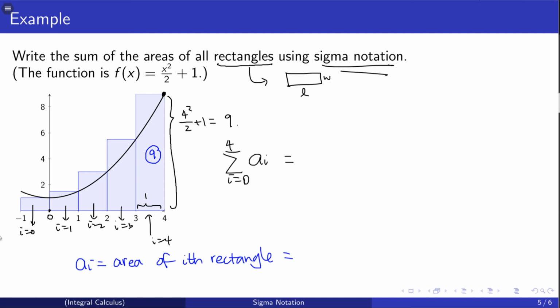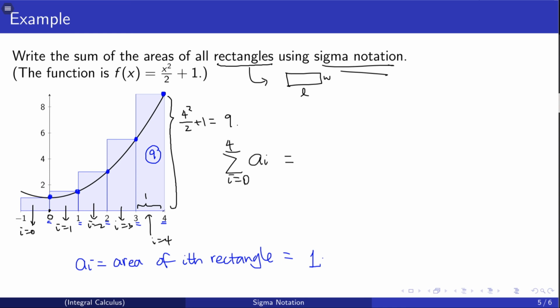Each of these rectangles has width 1. What's the height? If you notice what's happening here, the height is determined by the function value at each of these points, which is the point on the right of the rectangle. So for the 0th rectangle, it's the function value at 0. For the first rectangle, it's the function value at 1, and so on.